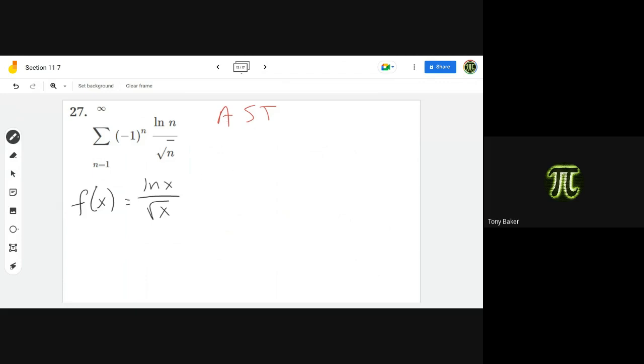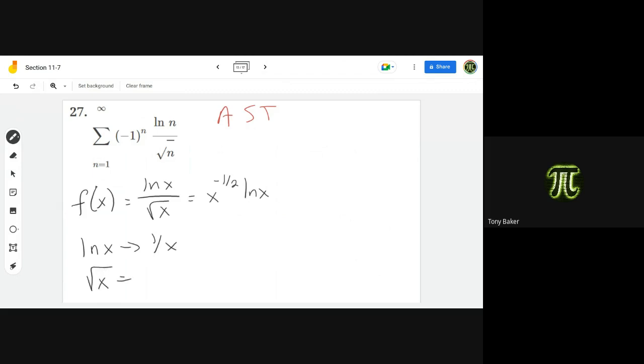So you can do this as a product rule, as a quotient rule. It's really up to you how you want to do it. It doesn't make much difference. I'm going to do the quotient rule. It's actually a little simpler in this situation. So the top, ln of x, goes to 1 over x.